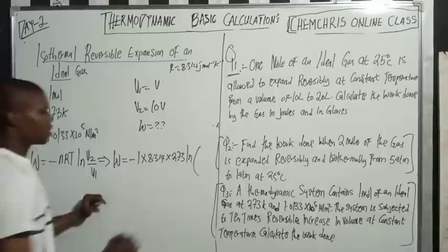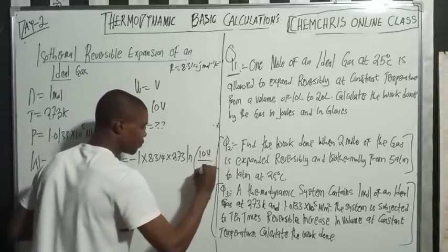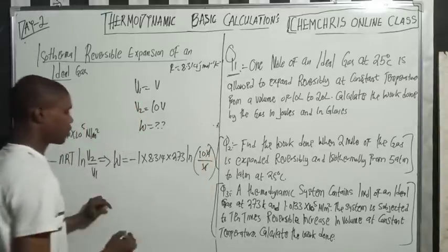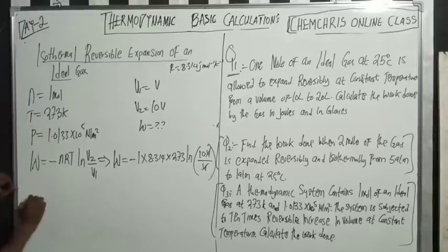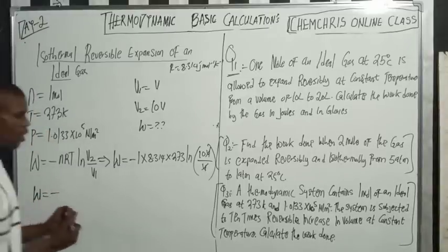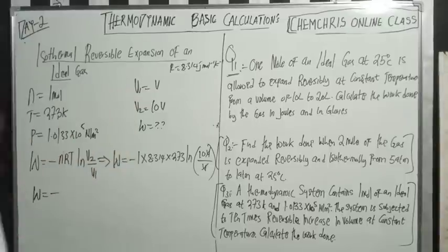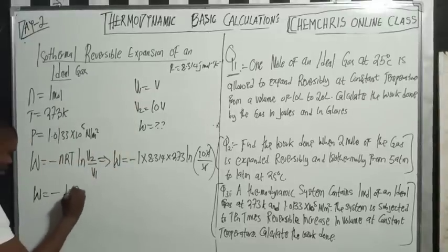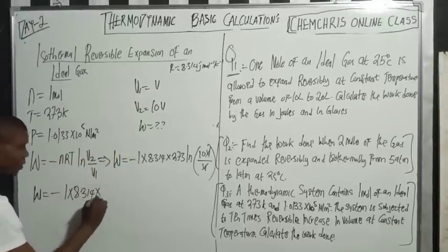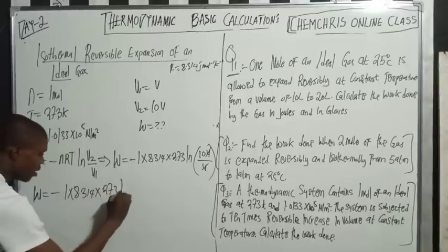V2 over V1 is 10. V, right? You cancel out V, you cancel out V. Here we have W, and here we have minus. So let's multiply them together. It's going to be minus 1 times 8.314 times 273 times ln 10.